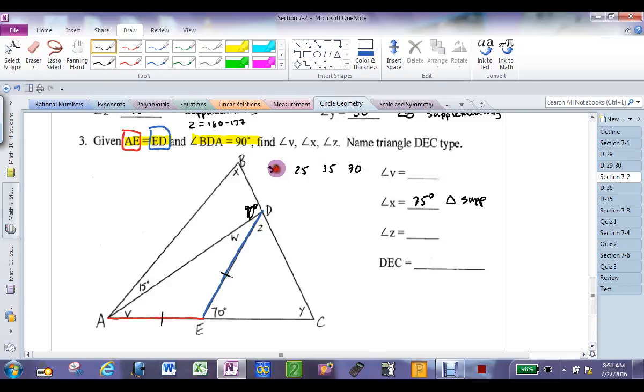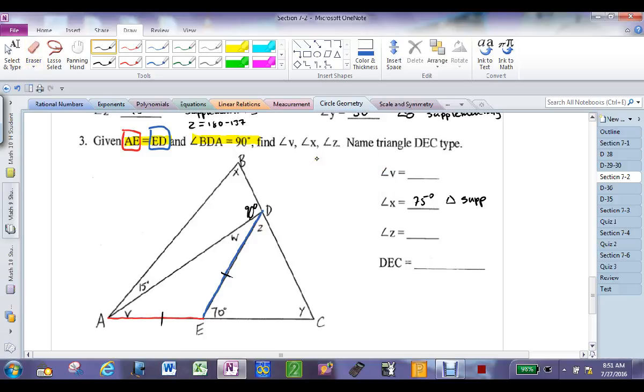37. How many of you tried to measure it with your protractor? Good, because there's no need. We have all the information we need. None of those are correct. So, I really like geometry because it's like a puzzle.